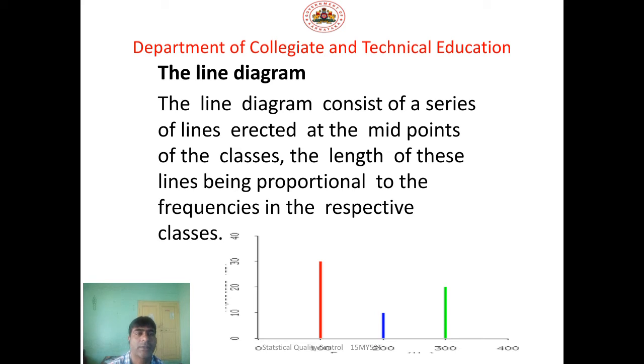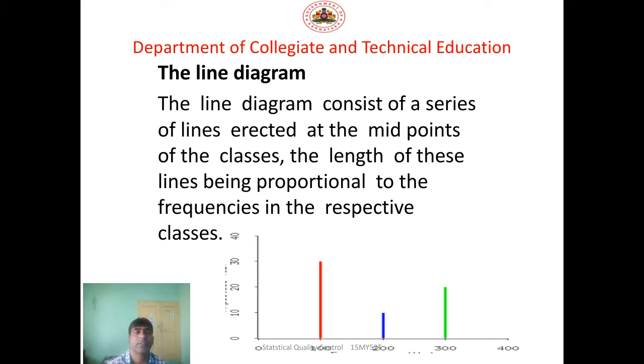In the second class the midpoint is 200 and the frequency is 10. So I have erected a straight line from 200 up to 10, indicated by blue color. Hope you are getting that.